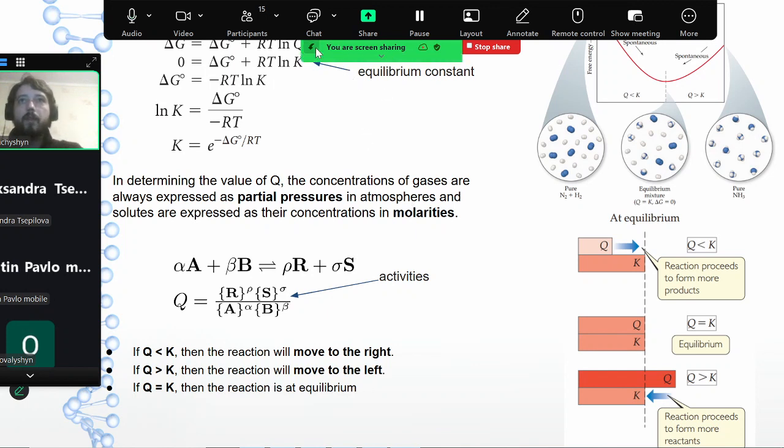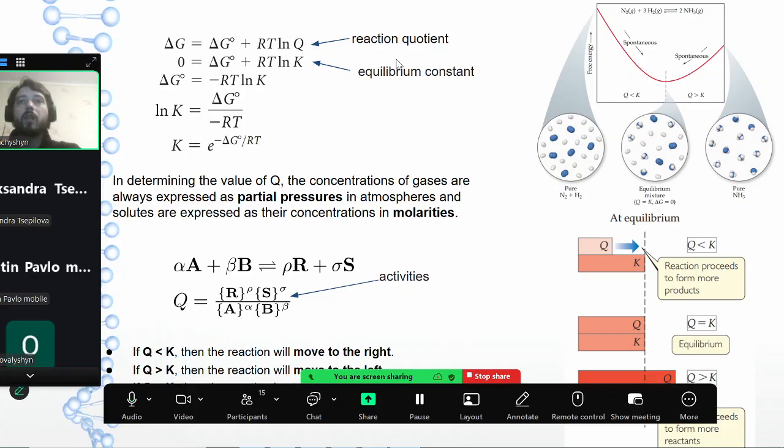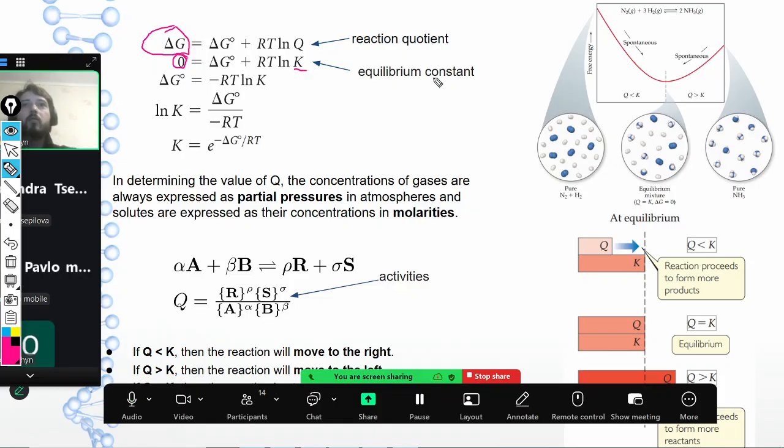That's one thing. The other thing, when the reaction is in equilibrium, I remind you that delta G should be equal to 0, and in this case we call the reaction quotient the equilibrium constant, and we use the letter K. So here are just a few results you get from this formula.